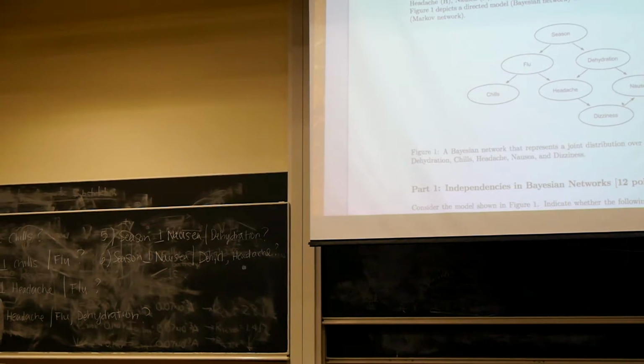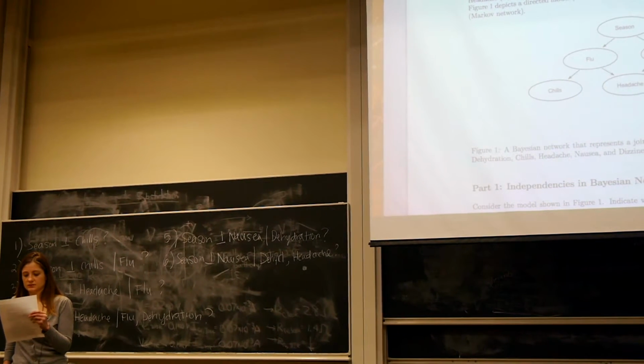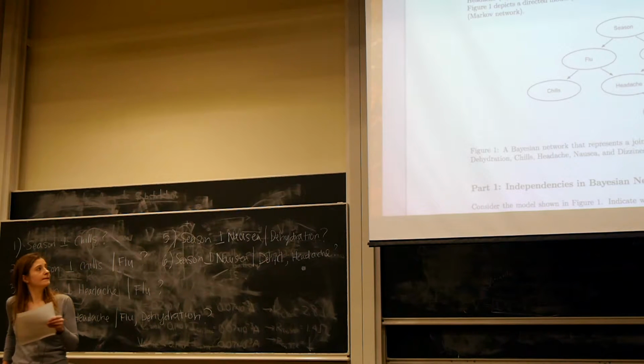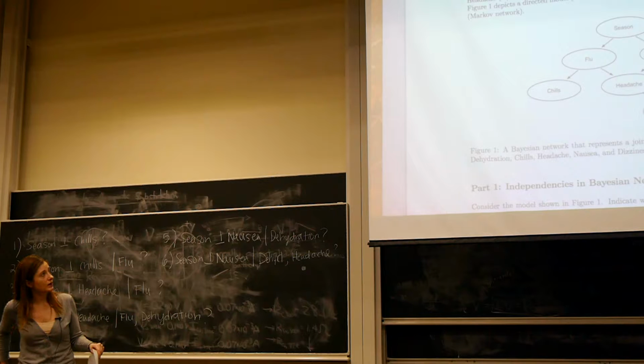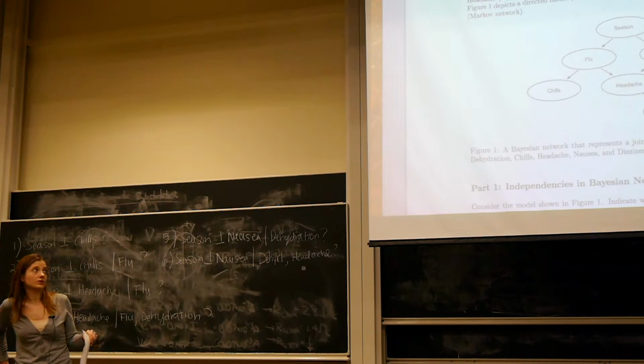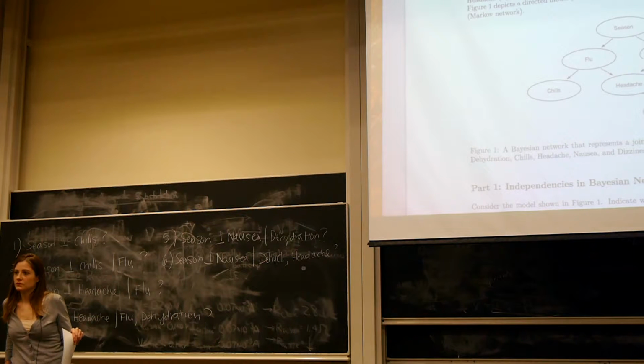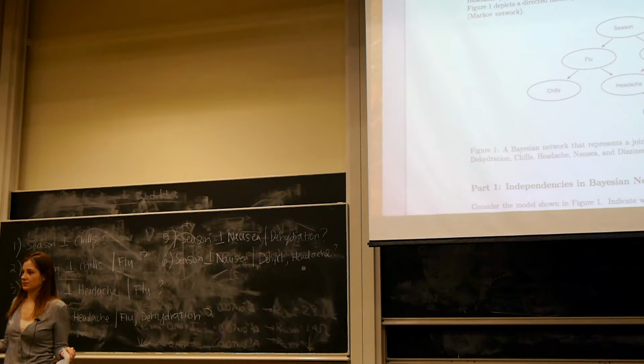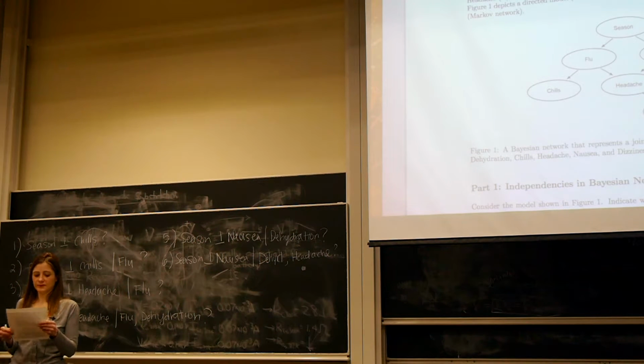Are season and nausea independent? Yeah, they are. From season to nausea, how many different paths are there? I see at least three distinct paths. But when you observe dehydration and headache, if you look at every individual path, you find that they're all blocked. Therefore, they're independent.